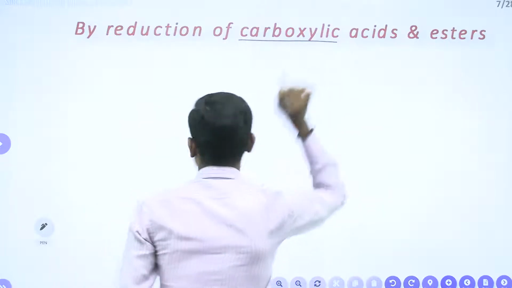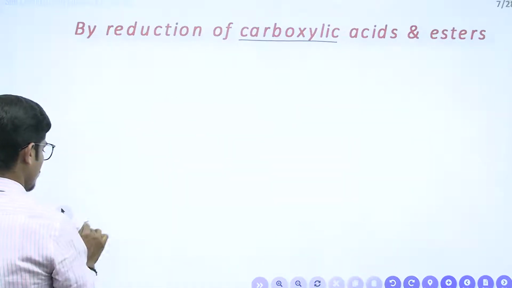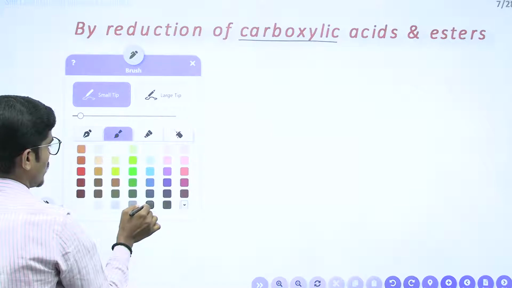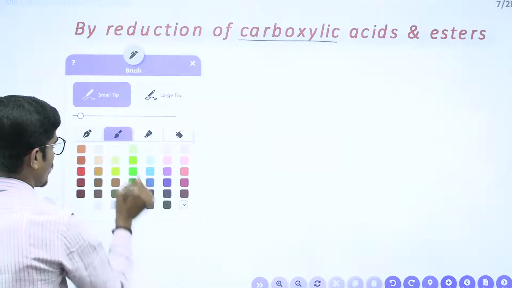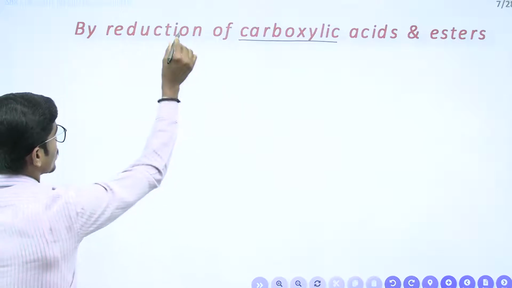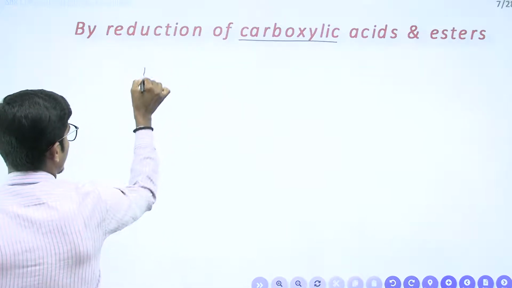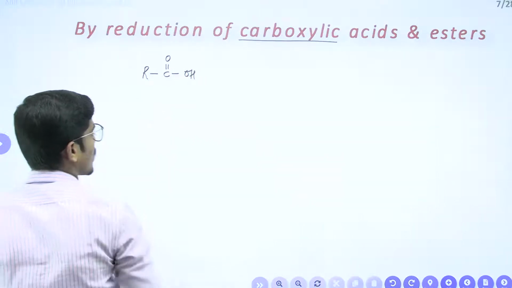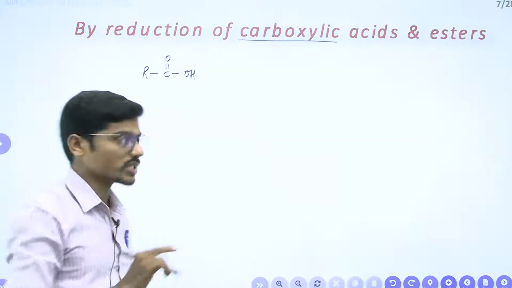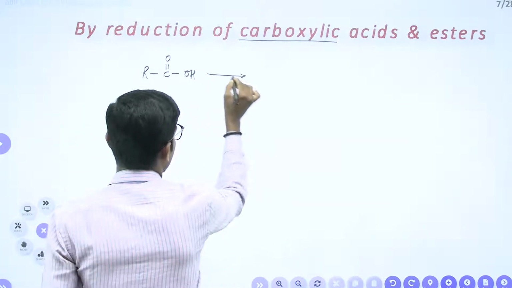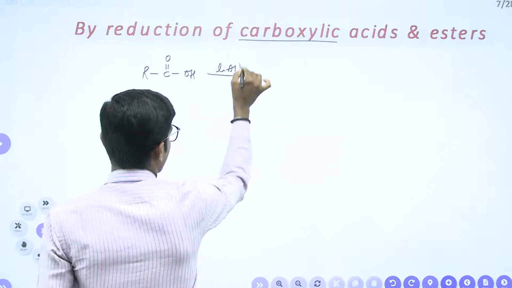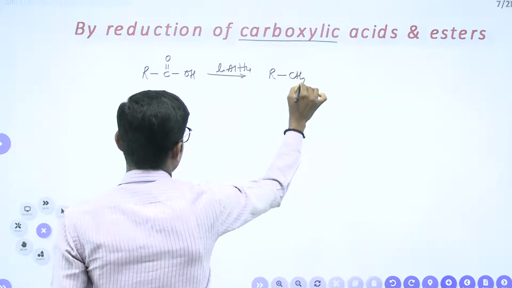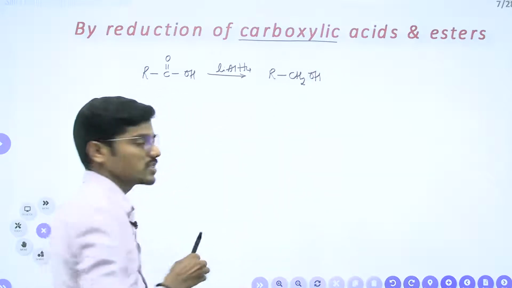When a carboxylic acid, R C double bond OOH, undergoes reduction in the presence of lithium aluminum hydride, it gives the product RCH2OH.